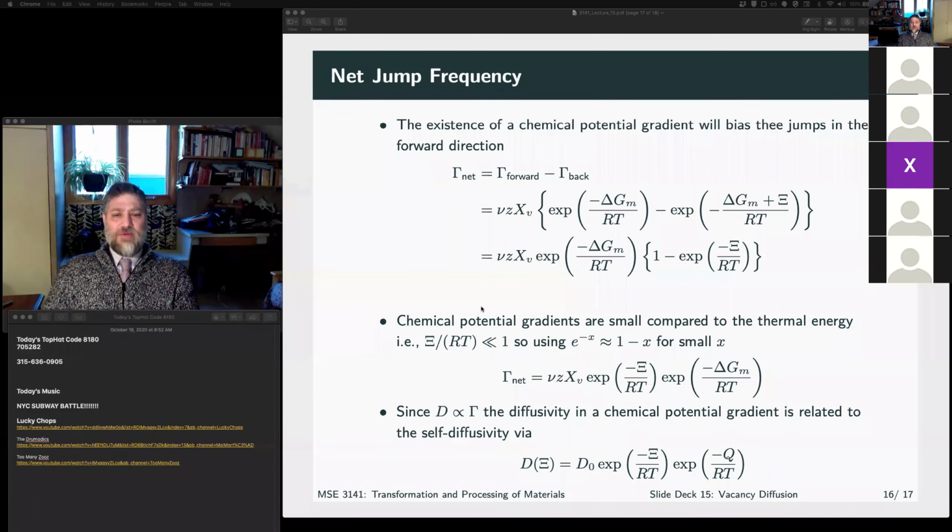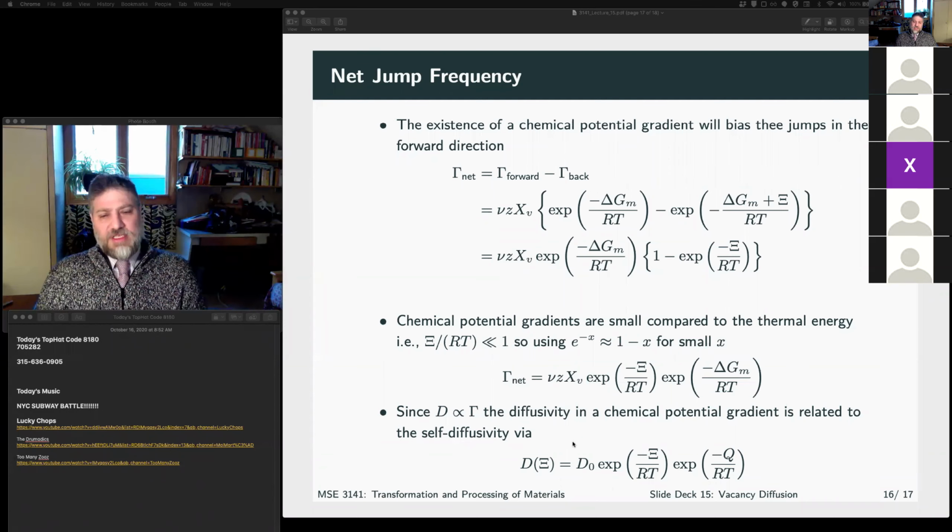And as I said before, chemical potential gradients are fairly small compared to delta GM and the thermal energy available. So that means we can use the approximation for small x in our exponential relationship, and we get an expression like this where we can put the gradient out front, right?